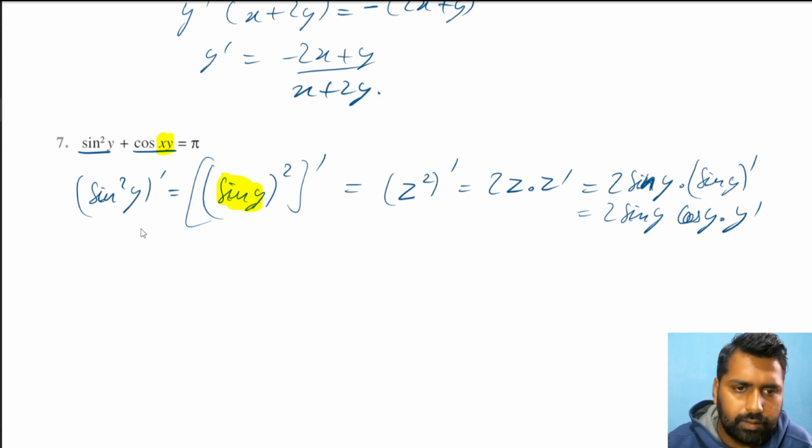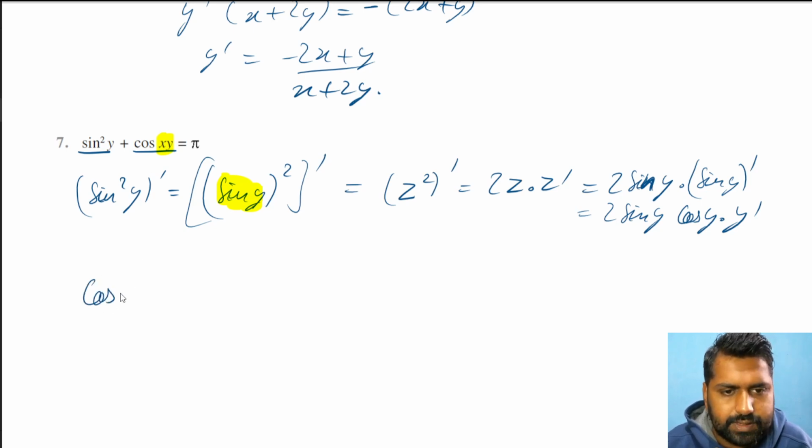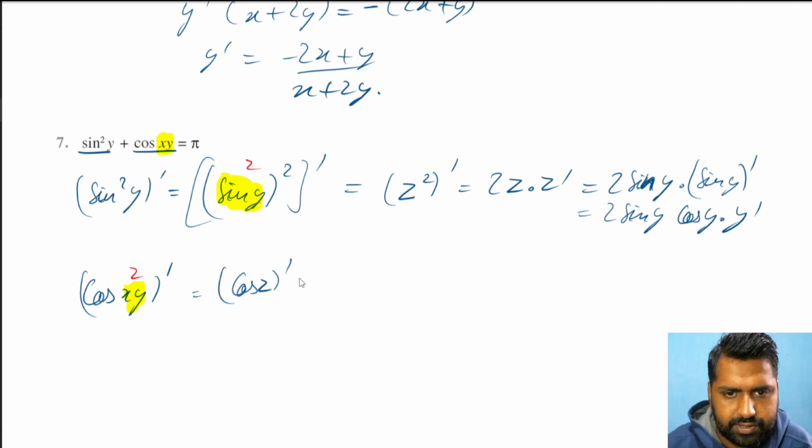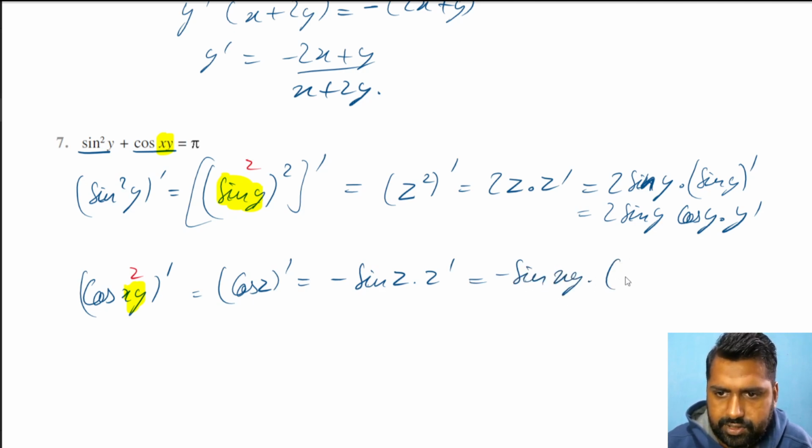Okay, same thing we'll do with cos xy differentiation. Now this time it's only cos, so cos is okay, it's just that whatever is present inside, whatever complicated thing, consider that to be your z. So it looks like cos z differentiation, which is minus sine z into z dash, so minus sine z, where z is xy, and then the differentiation of xy.